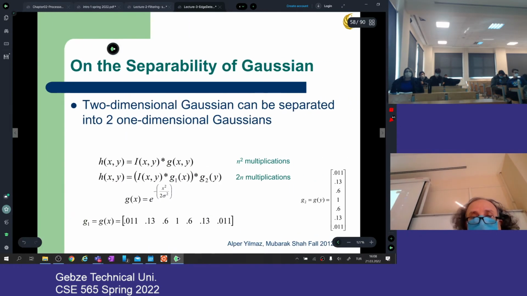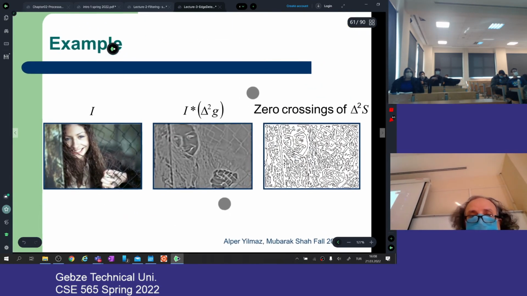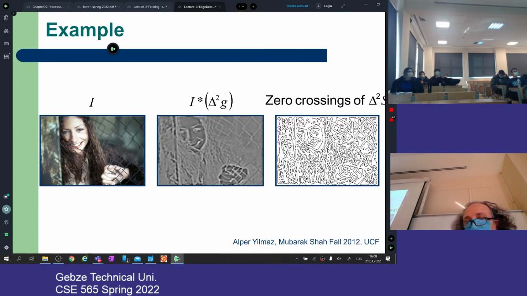Okay, and these are some results. Let me show you some results on this one. See the difference between the results of the Sobel and Prewitt operators and the LoG operator.